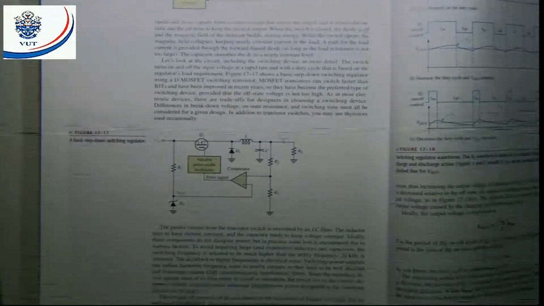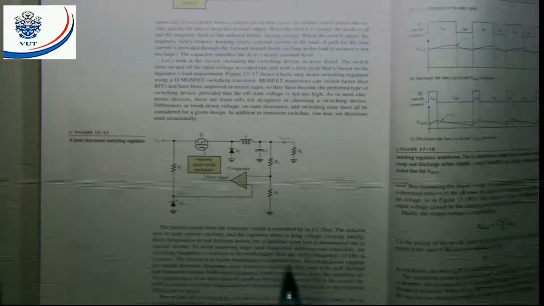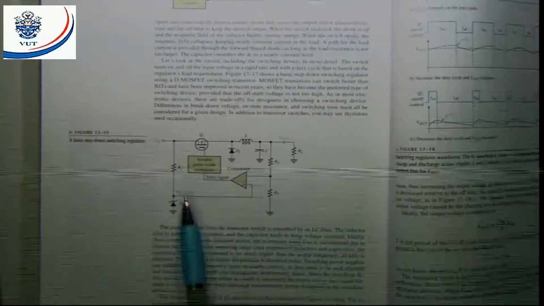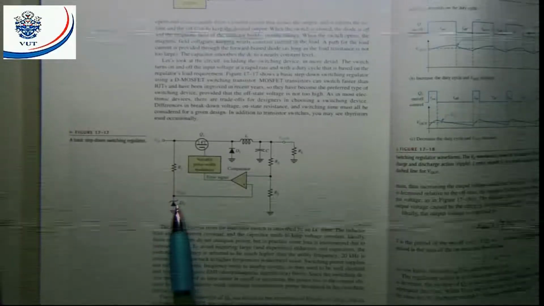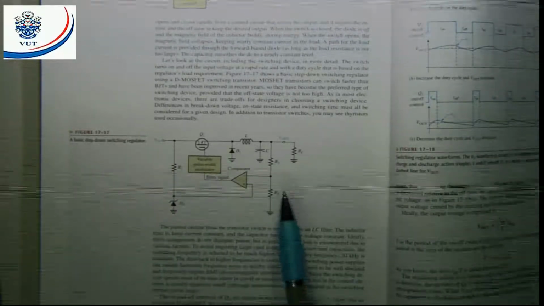The next one, here's the basic step-down switching regulator. What we have here is a reference voltage, again a resistor and a zener diode.